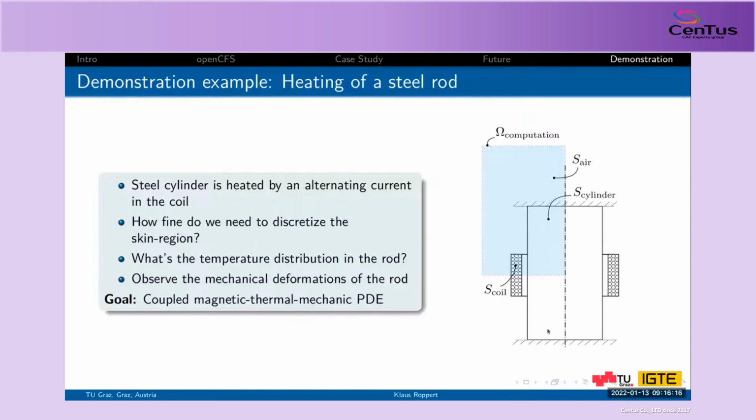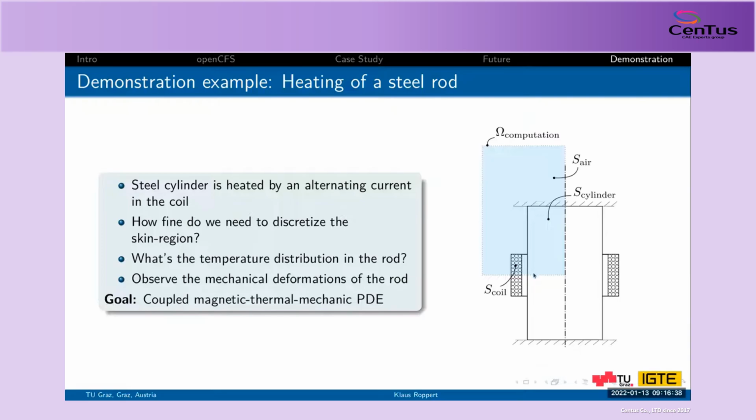And around the cylinder, there's a coil, an induction coil that is excited by an alternating current. And alternating currents induce eddy currents here in this conducting region. The eddy current effect, also called skin effect, is a boundary effect.